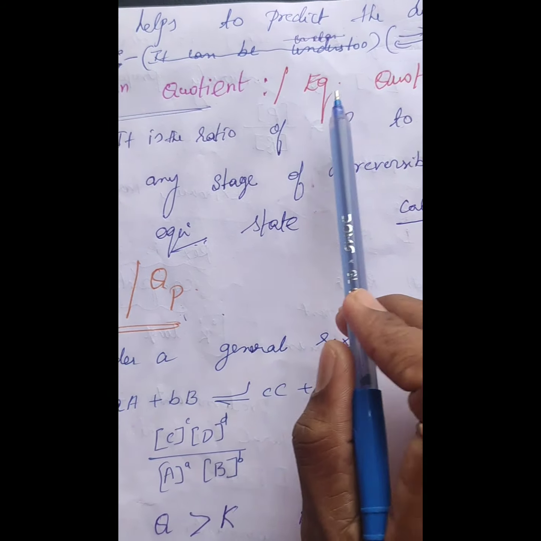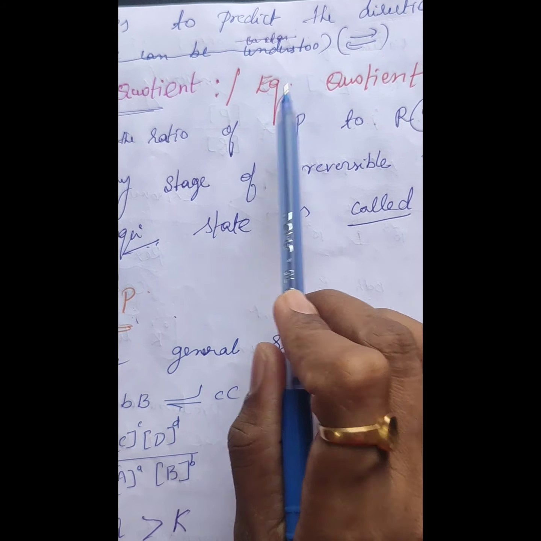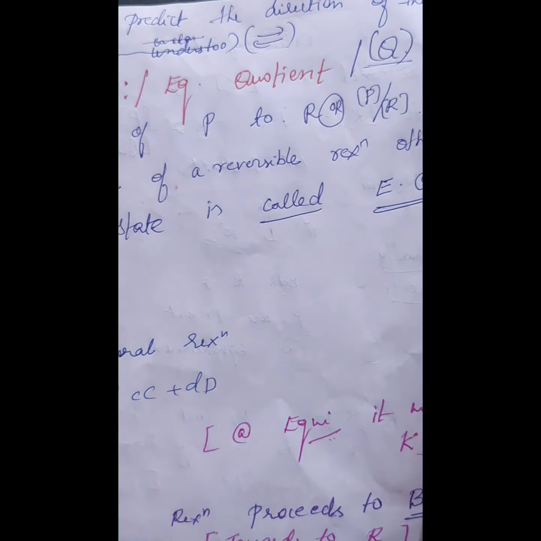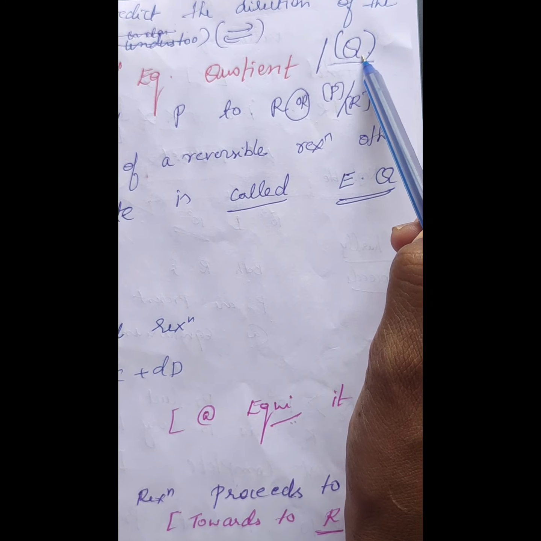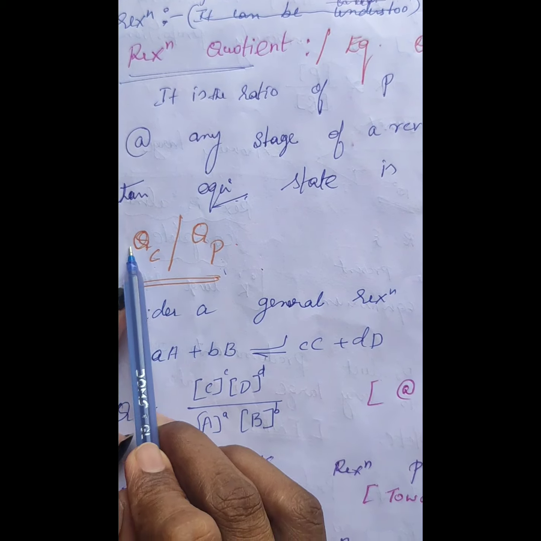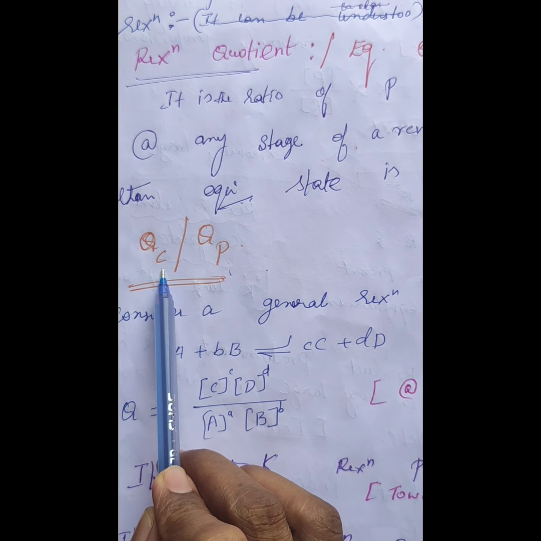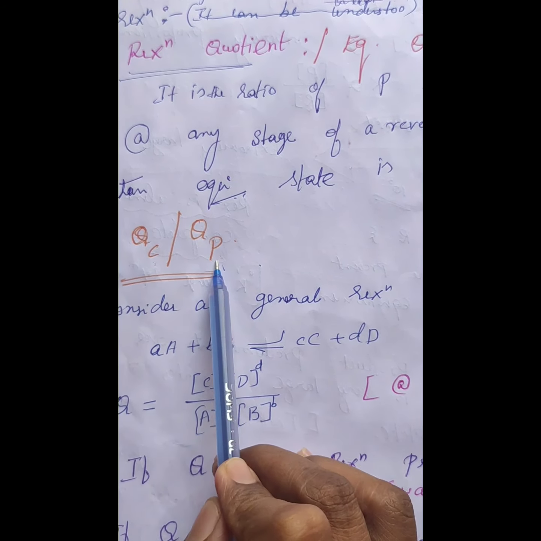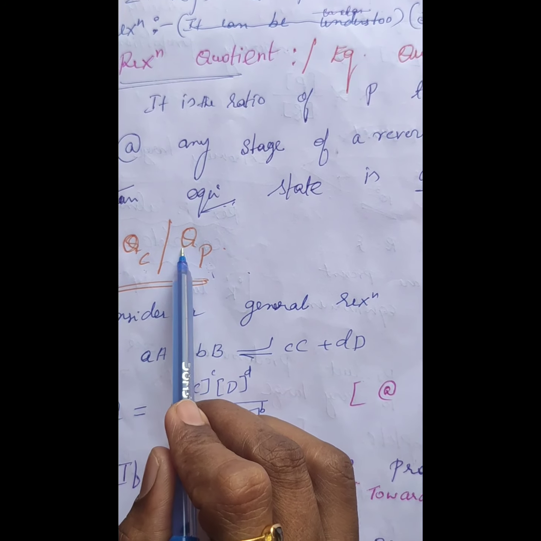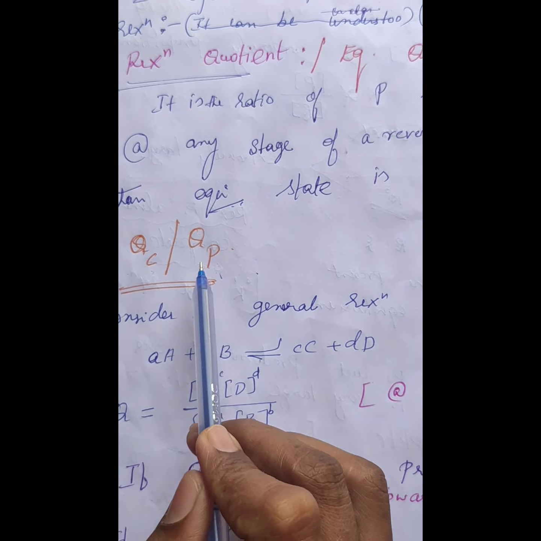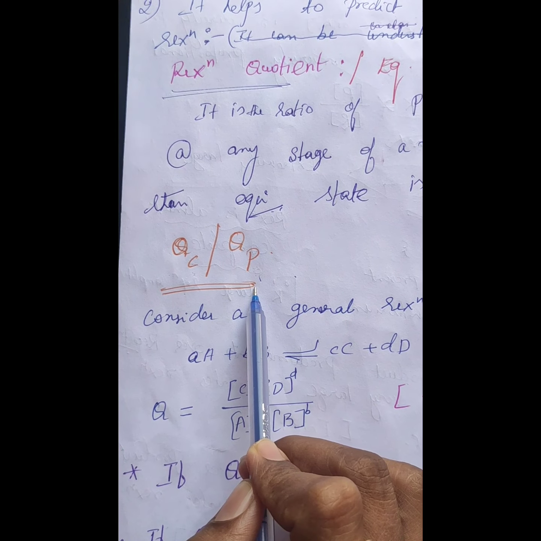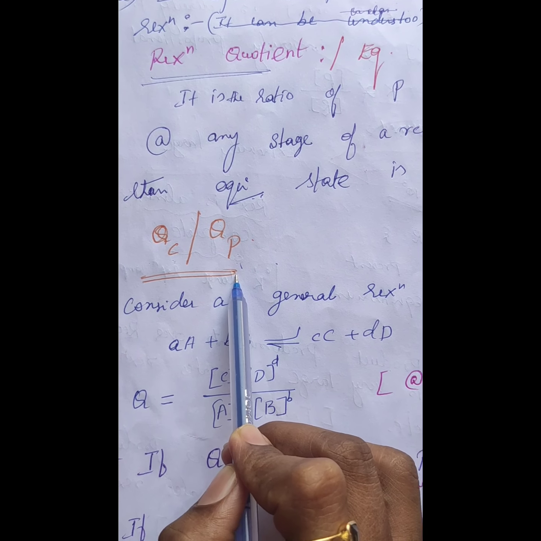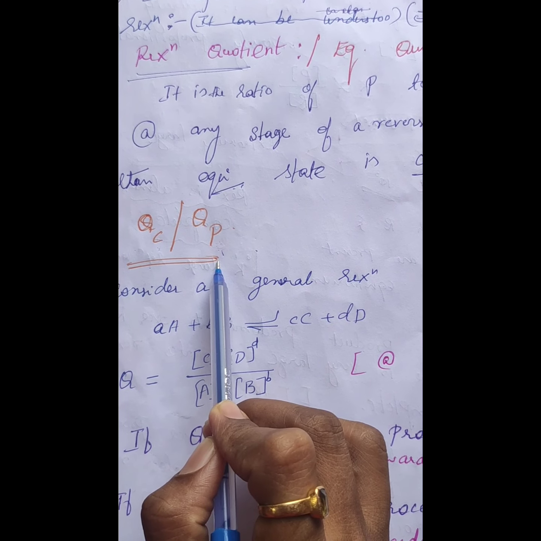Reaction quotient is otherwise considered as equilibrium quotient, and can be represented by a capital letter Q. Children, with respect to concentration it can be represented as Qc, and with respect to pressure for a gaseous reaction, it can be represented as Qp. How can we define the term reaction quotient or equilibrium quotient?